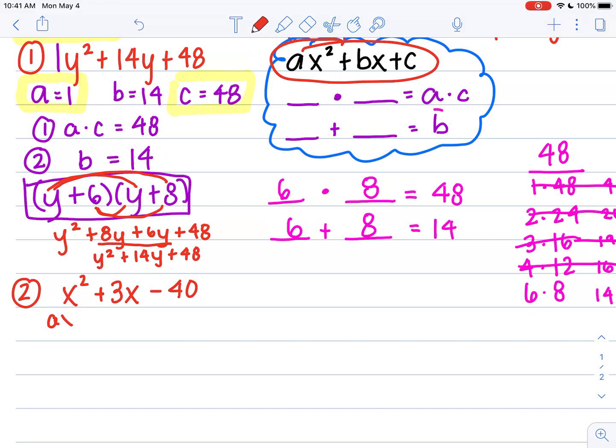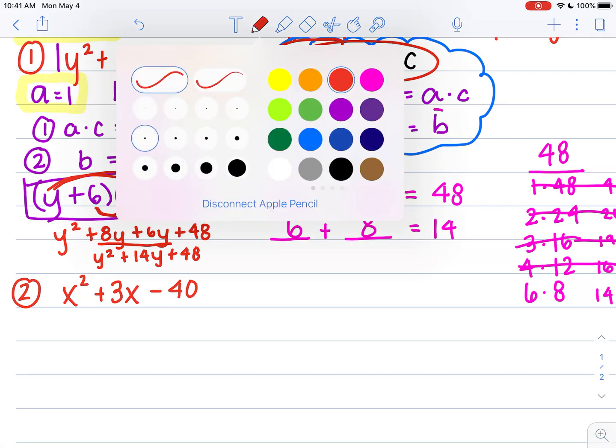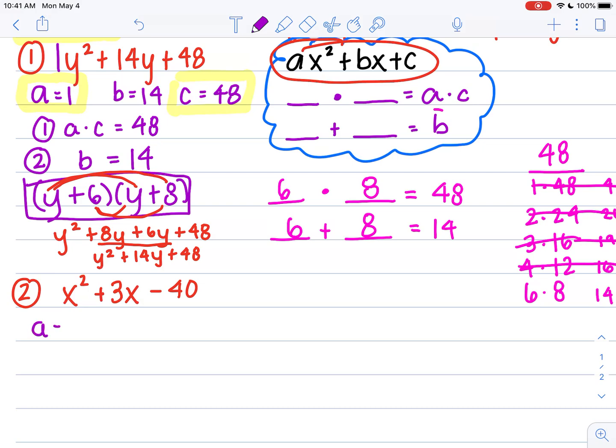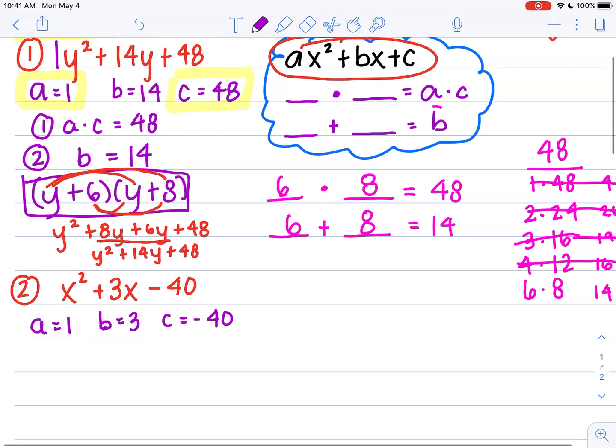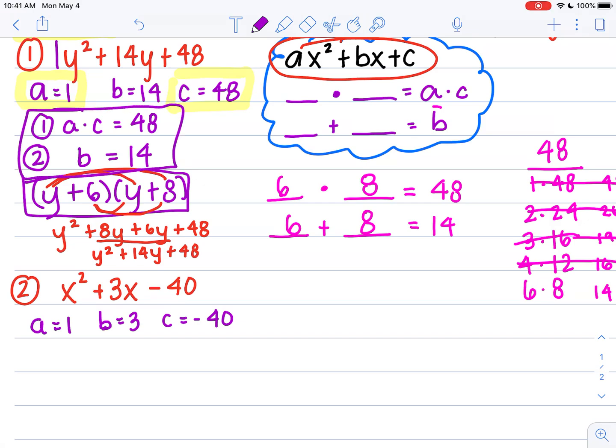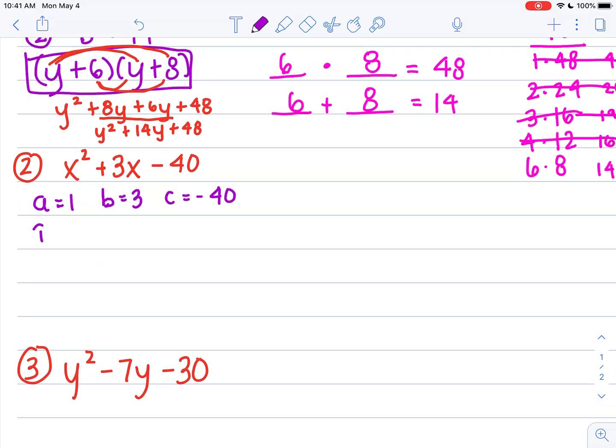Okay, we'll do a is 1, b is 3, and c is negative 40. All right, so now we're going to follow our steps here. We have to find a and c, and we have to find b.